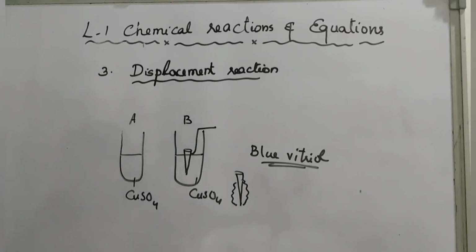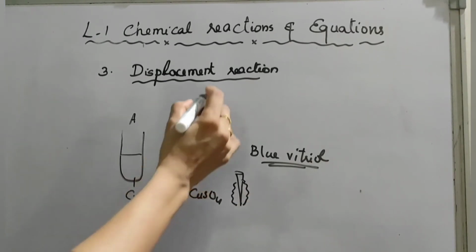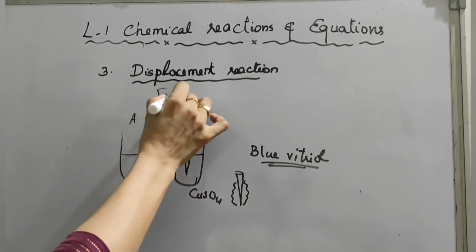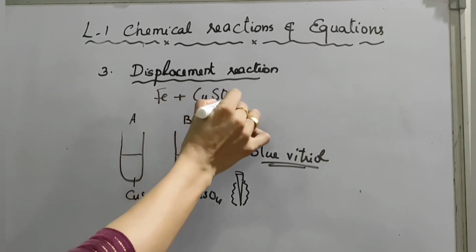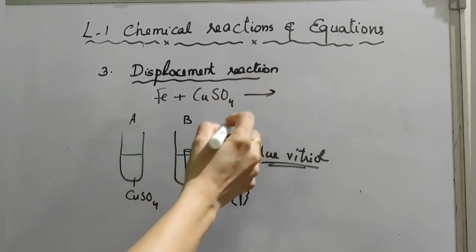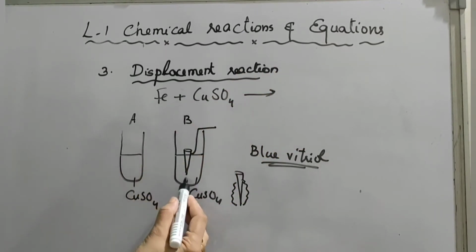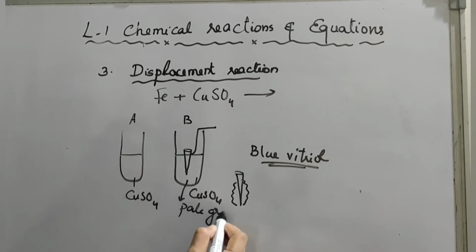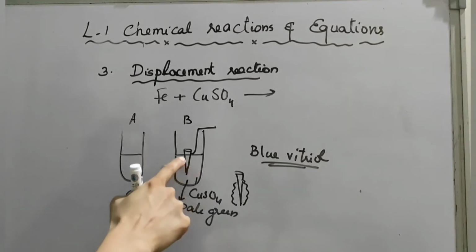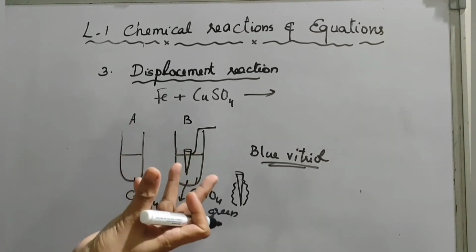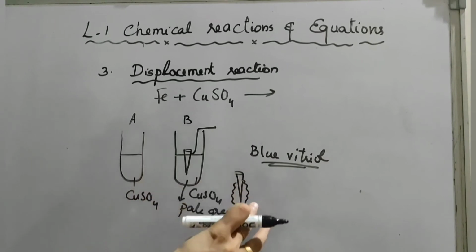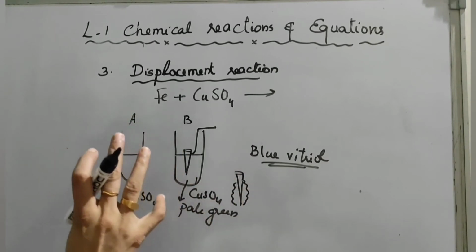How does it happen? This iron reacts with copper sulfate solution, which is blue color only. Compare this color: this blue color changes to pale green color. Blue changes to pale green. And this iron nail is silvery color. We know that an iron nail is silvery color, but its outer coating becomes reddish brown.